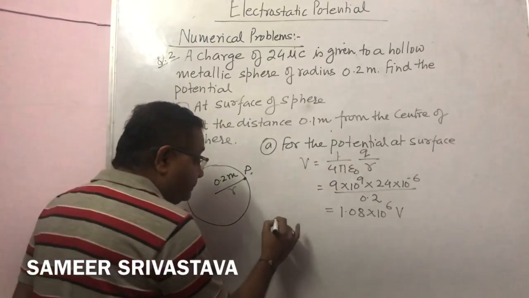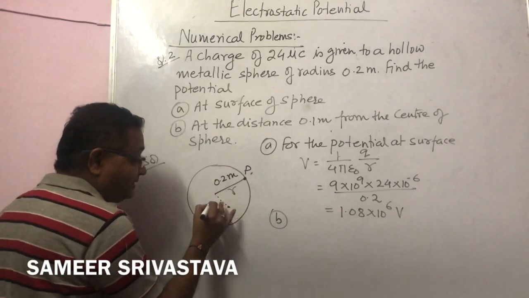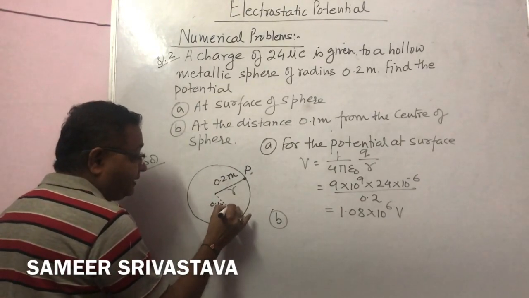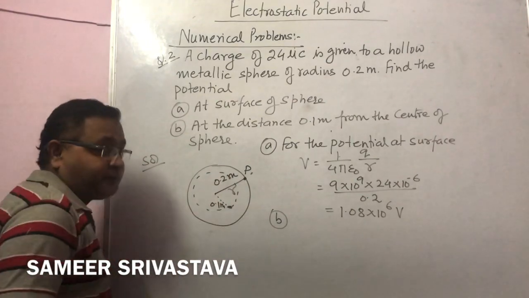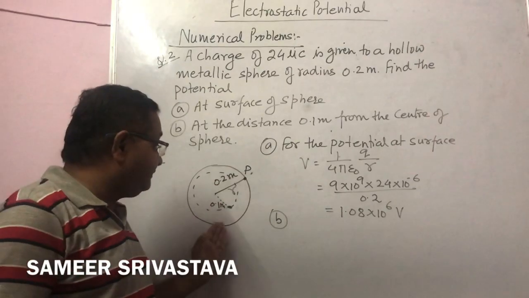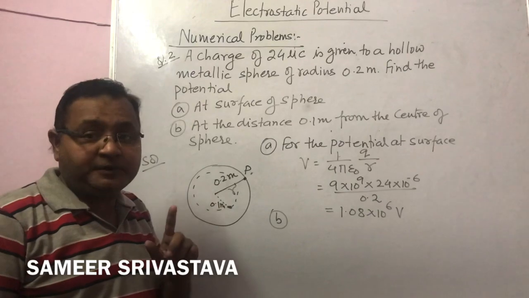In the second part, it says find the potential at the distance of 0.1 meter inside the sphere. Right? So inside the sphere, as we know, everywhere at the surface or inside the sphere the value of potential must be same.